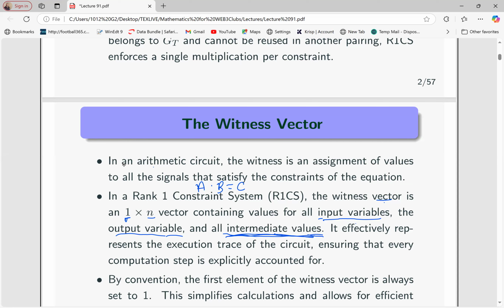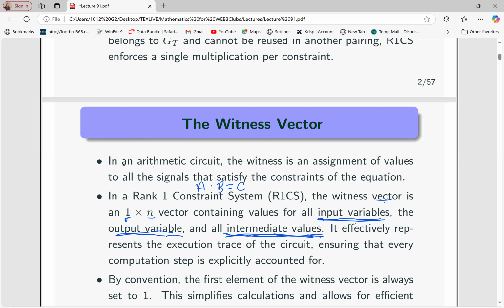So the witnesses here: one is the set of the inputs, x1 and x2 in our case, then the output variables also form a witness, and then we have the intermediate values.